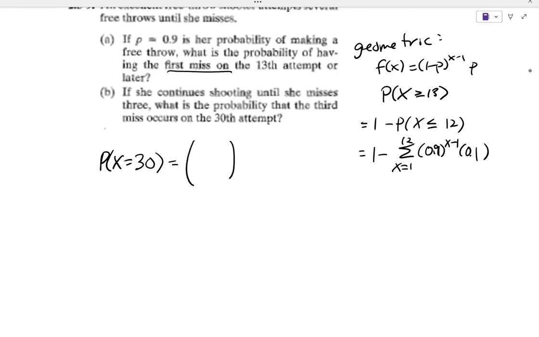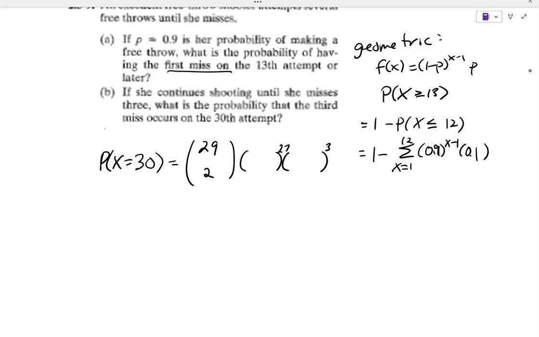So we have that binomial coefficient. What's going to go on top? 29. And on bottom, 2, right? We want 3 successes and 27 failures. Failure in this case is making a free throw, right?